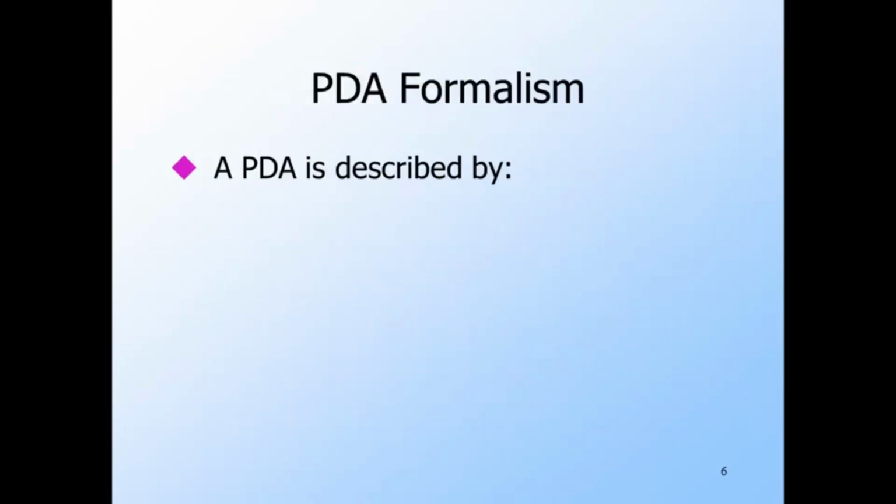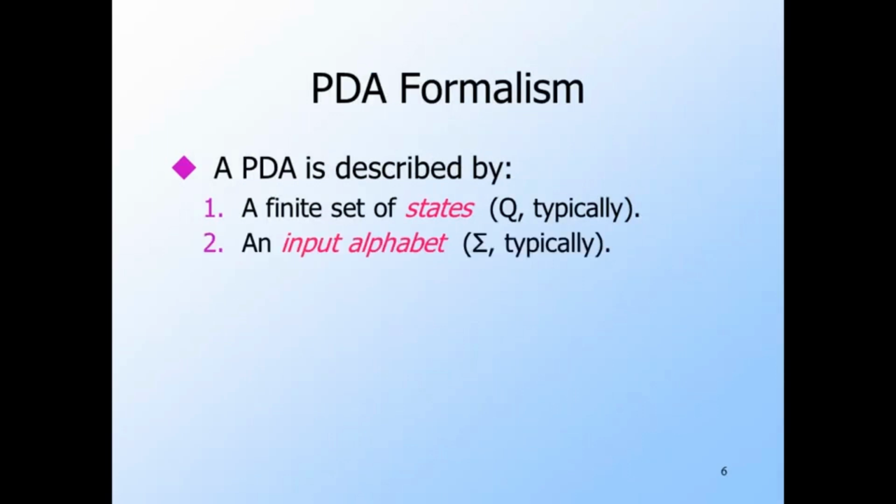Now we'll give the formal notation and usual symbols for the components of a PDA. There is a finite set of states for which we tend to use Q, just as for finite automata. There's a finite input alphabet for which we'll continue to use sigma. There's a finite stack alphabet, the symbols that can appear on the stack. For this alphabet we use gamma.